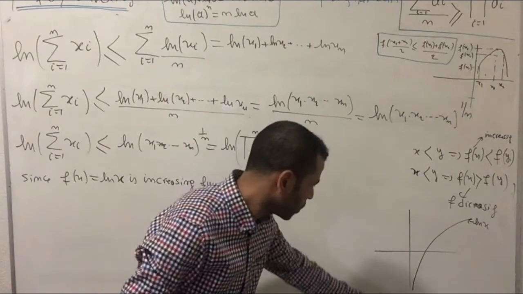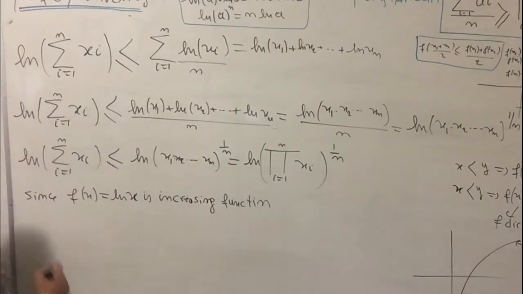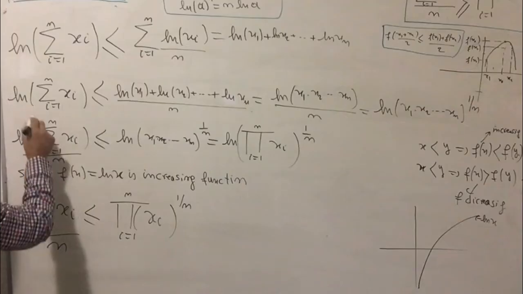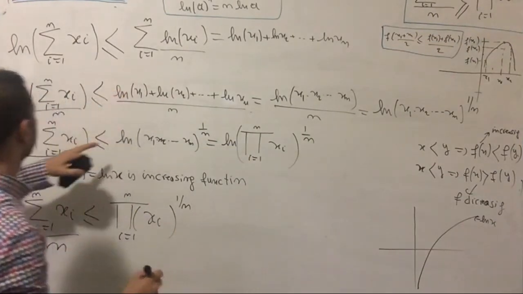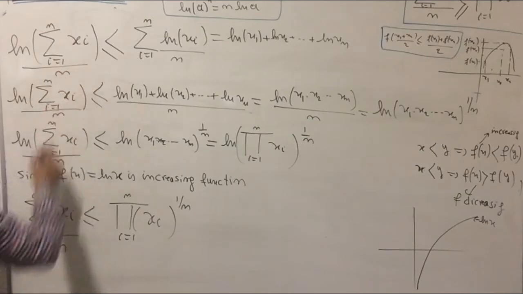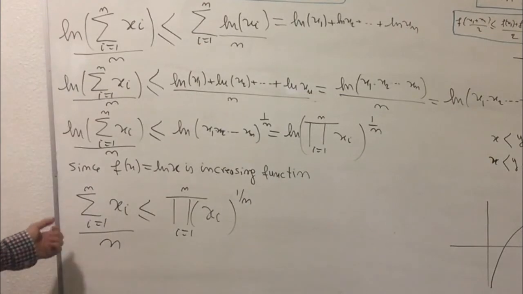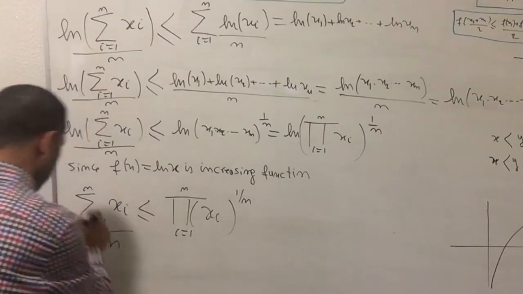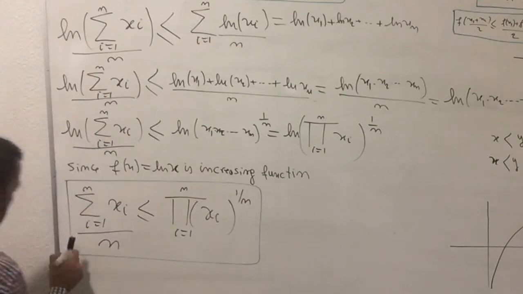So since we have this function increasing, I'm going to take the natural log off from both sides. So now I proved this inequality.